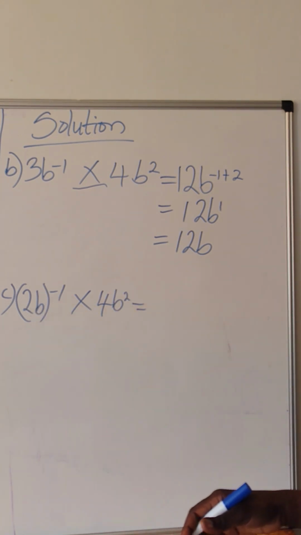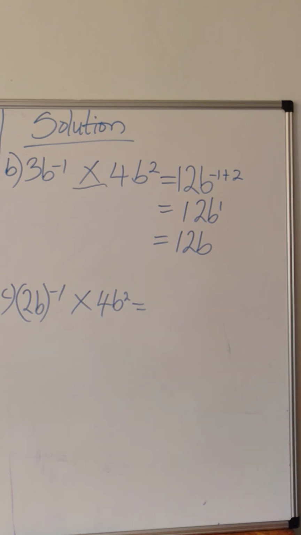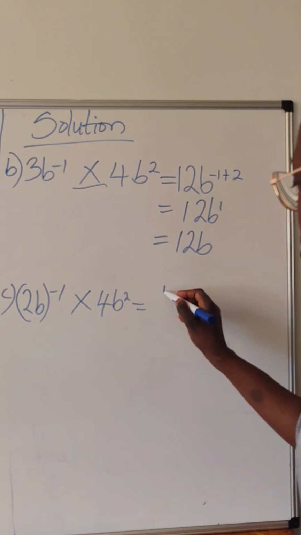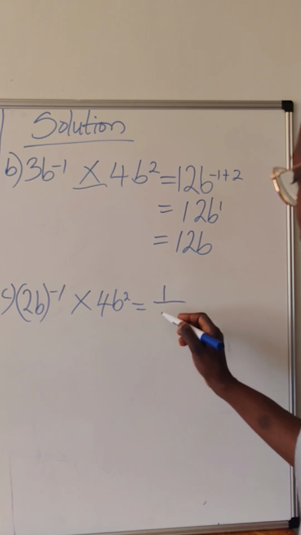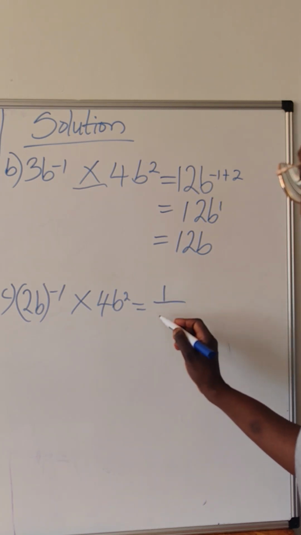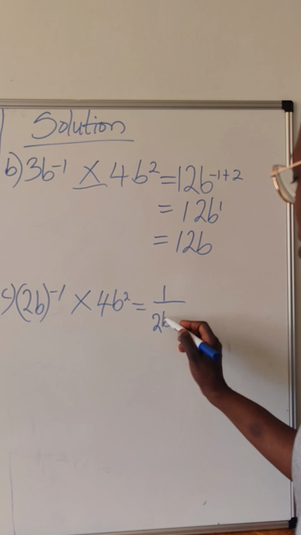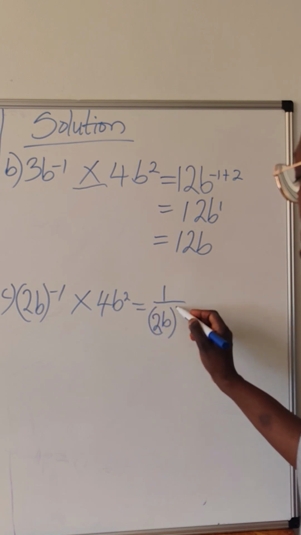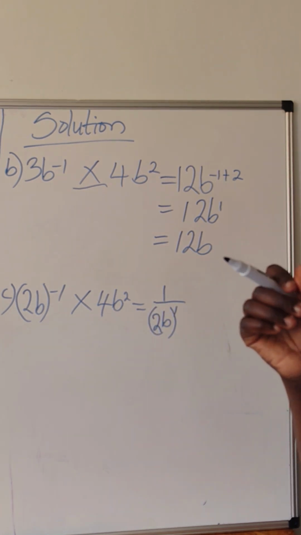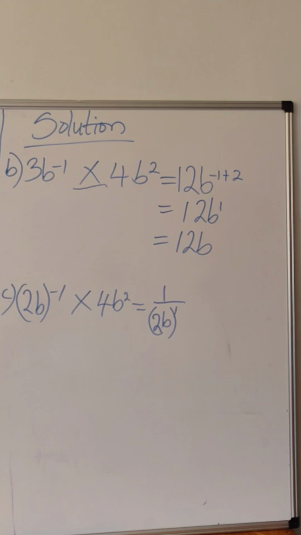So for this first one, since everything in the bracket is raised to power minus 1, we're going to make it 1 divided by (2b) all raised to power 1. That's what it will give us by the law of negative power.